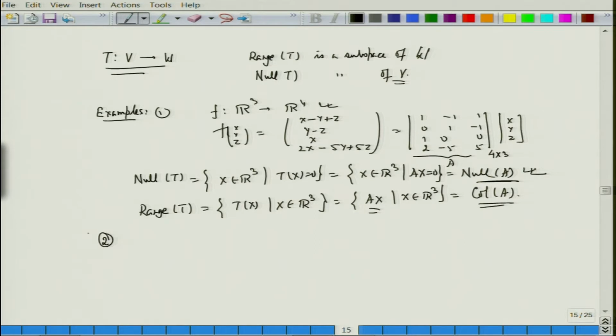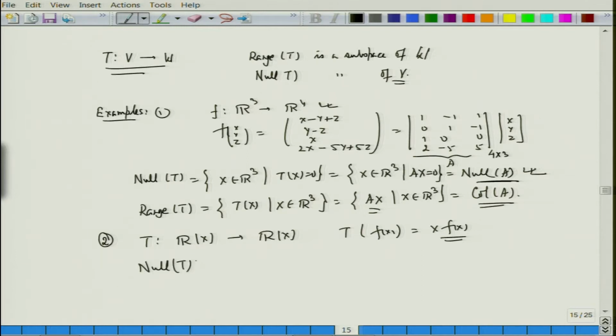Example 2. Define T from Rx to Rx by T of f of x is equal to x f x. What is the null space of this?